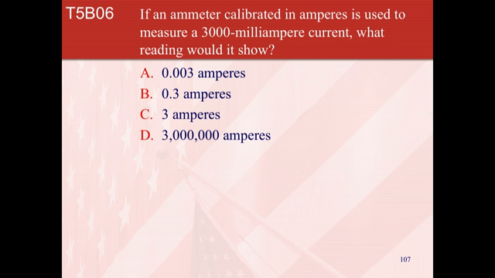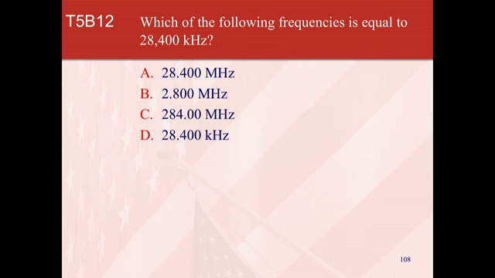If an ammeter calibrated in amperes is used to measure a 3,000 milliampere current, what reading would it show? It'd be showing 3 amperes. Which of the following frequencies is equal to 28,400 kilohertz? Yeah, that would be A, 28.400 megahertz.